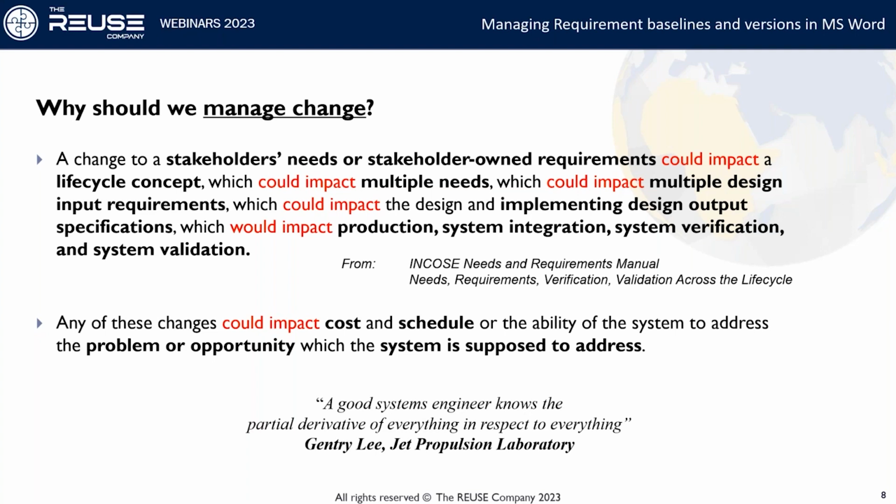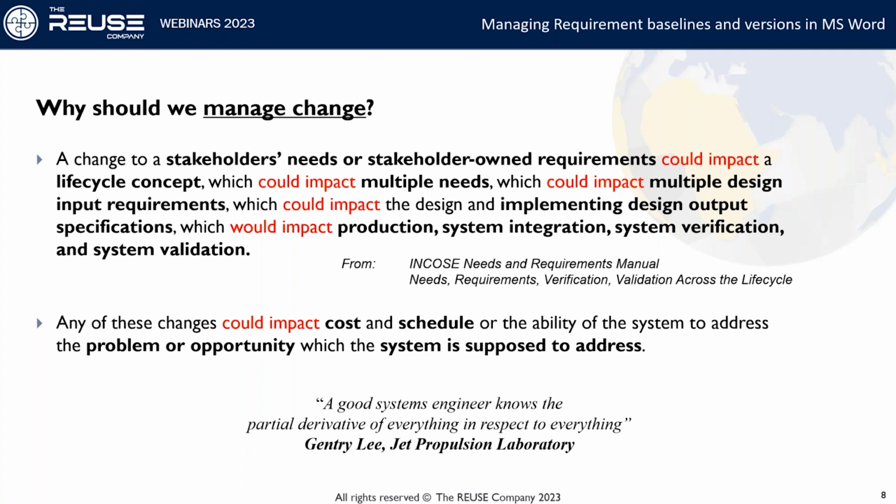If you, for instance, change a stakeholder need or a stakeholder requirement at the top, the goal of something, that could impact the lifecycle concept where you're supposed to manage your system. It could also impact multiple needs, which then could impact multiple design requirements, which then could impact a lot of implementing design output specifications, which then, of course, could impact the integration, verification, production, validation, and so on and so forth. So it's a chain of events that you have to bear in mind.